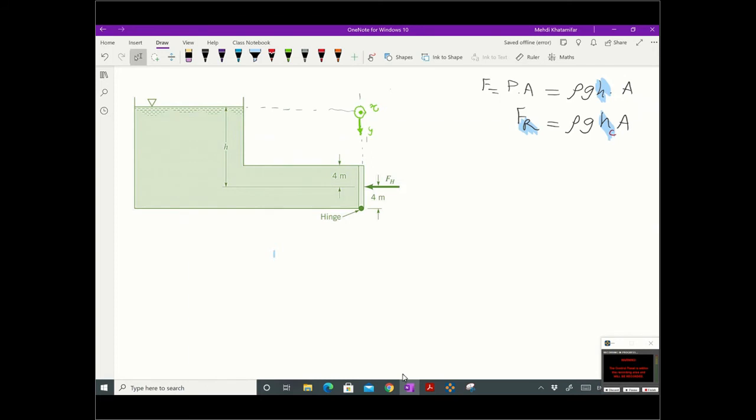So this is a magnet. Done. Now you need to find y bar. Let's write y bar from the top. Y bar equals yc plus Ix divided by yc A here.